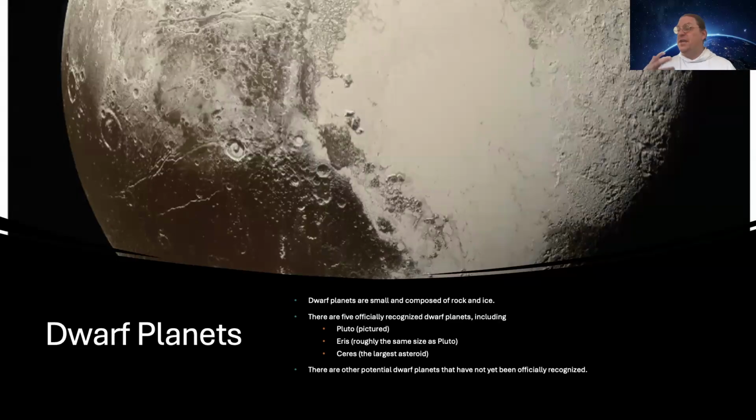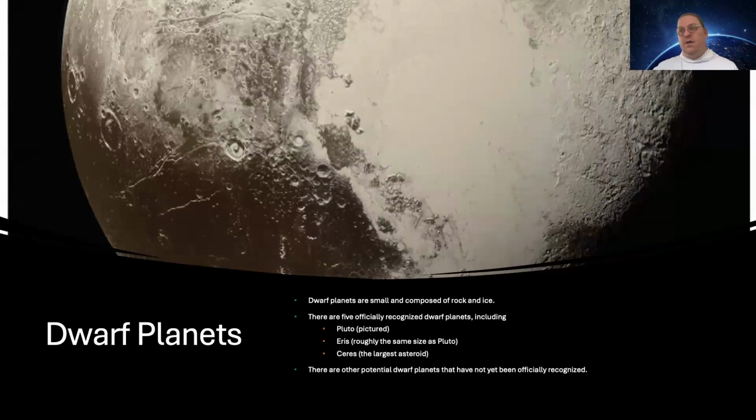This image is obviously of Pluto. It was taken fairly recently by the New Horizons spacecraft, and it is awesome. Pluto is my favorite planet, and one of the reasons is because of this. Obviously, we know that Pluto is beyond the orbit of Neptune.